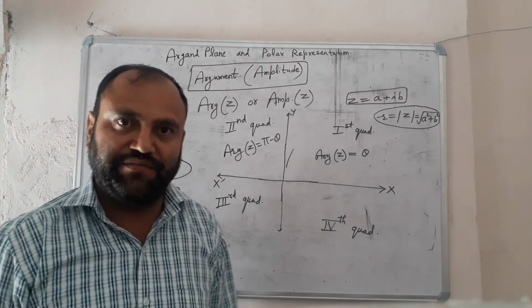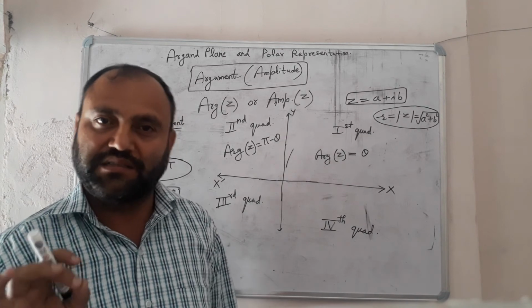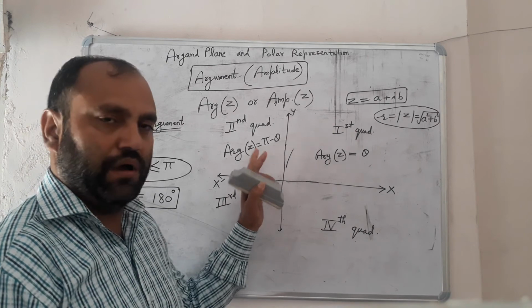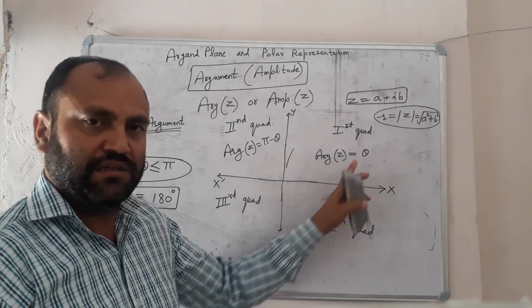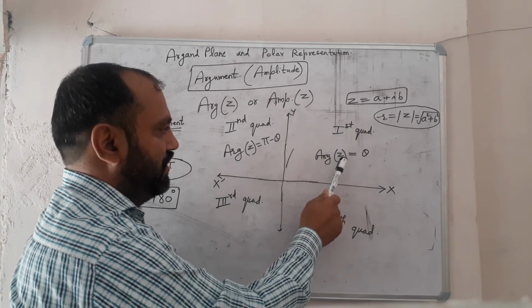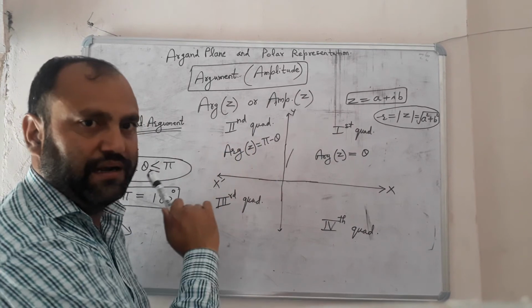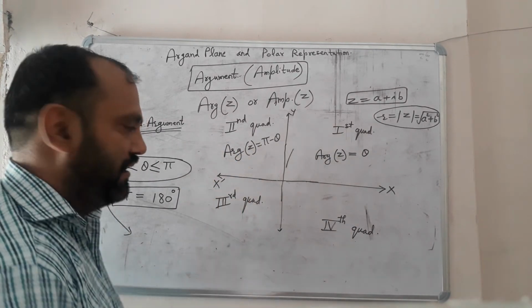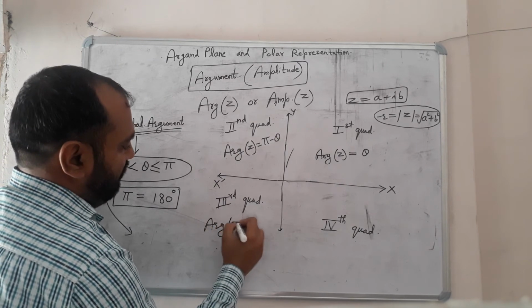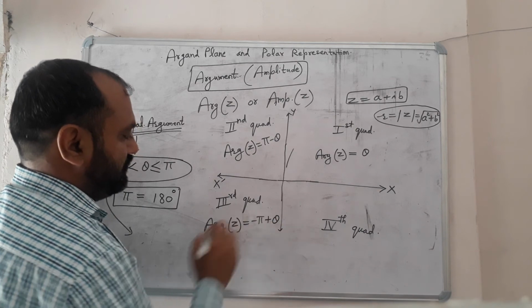We have done this in detail in the third chapter, trigonometry. But you should know: if the complex number lies in the first quadrant, the argument is theta. If it lies in the second quadrant, the argument is pi minus theta. If it lies in the third quadrant, the value of the argument is minus pi plus theta.